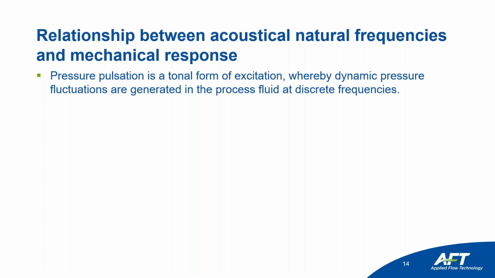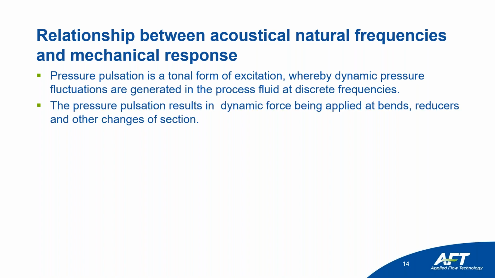Pressure pulsation is a tonal form of excitation whereby dynamic pressure fluctuations are generated in the process fluid at discrete frequencies. Pressure pulsation results in dynamic forces being applied at bends, reducers, and changes of section.